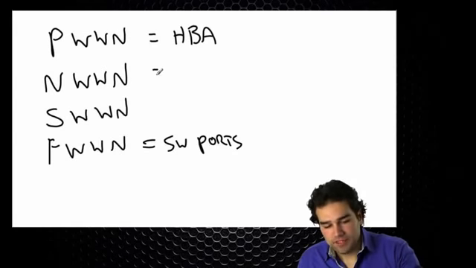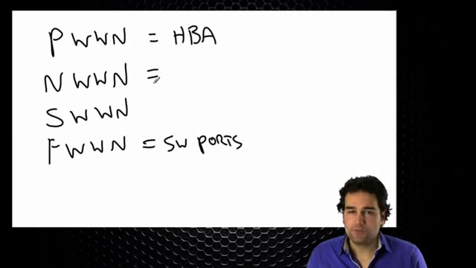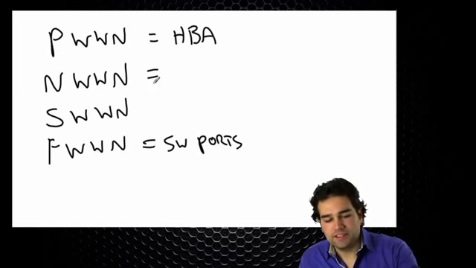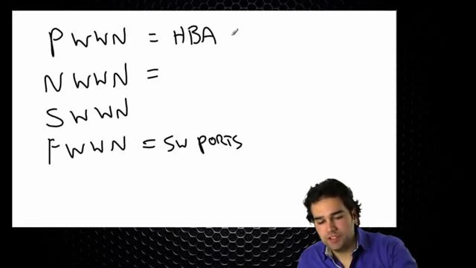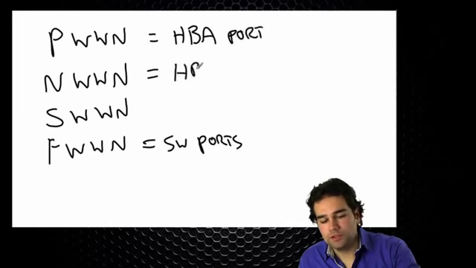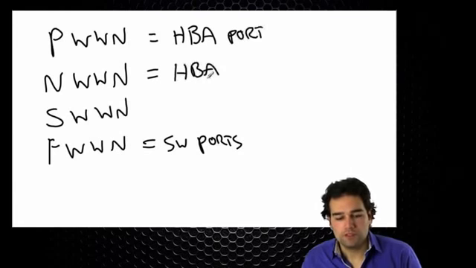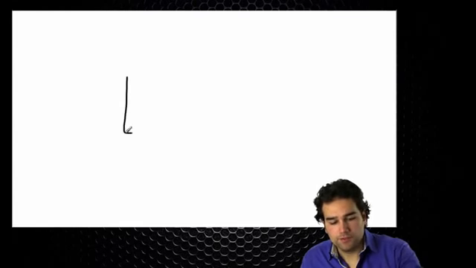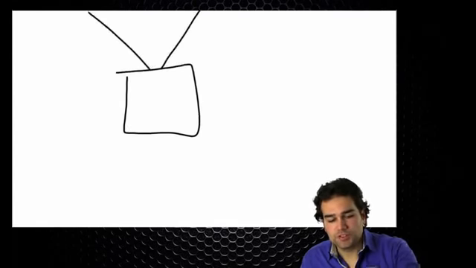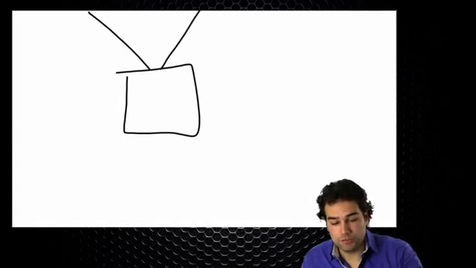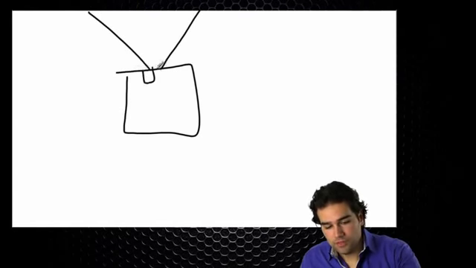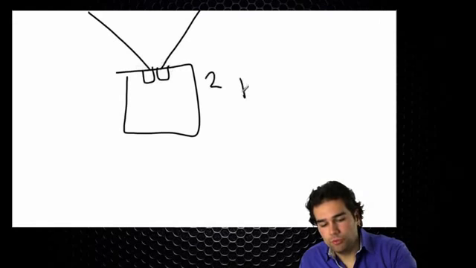Then each host on the network also has a node worldwide name. So this is the HBA port, and the node worldwide name belongs to the HBA itself. So if I have a card which has two ports, an HBA always has two ports by the way, then I will have two port worldwide names.